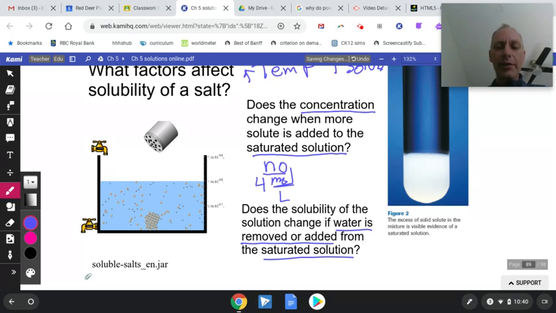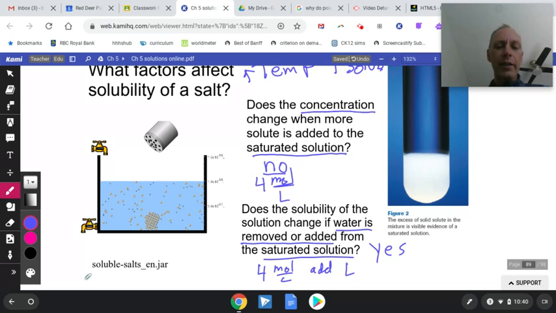Does the solubility change if water is removed or added? Yes. So if we were saturated at 4 moles per liter, but I add more liters, then I have space to add more moles. So yes, add water, you can add more solute to get back to the original concentration.